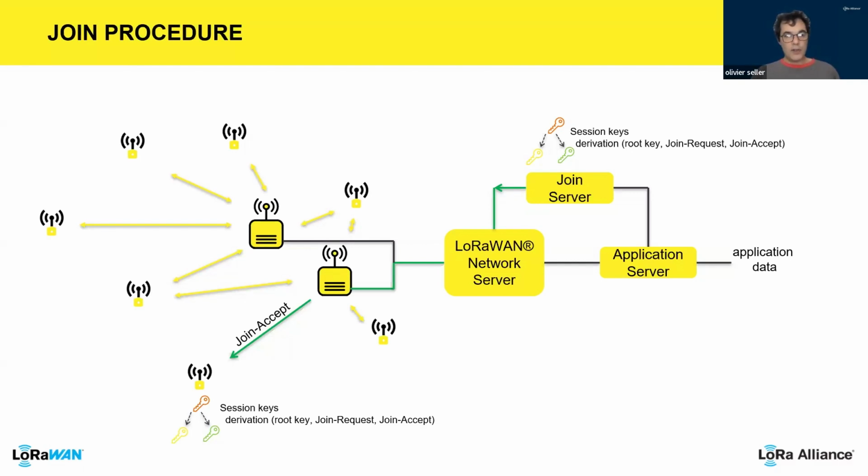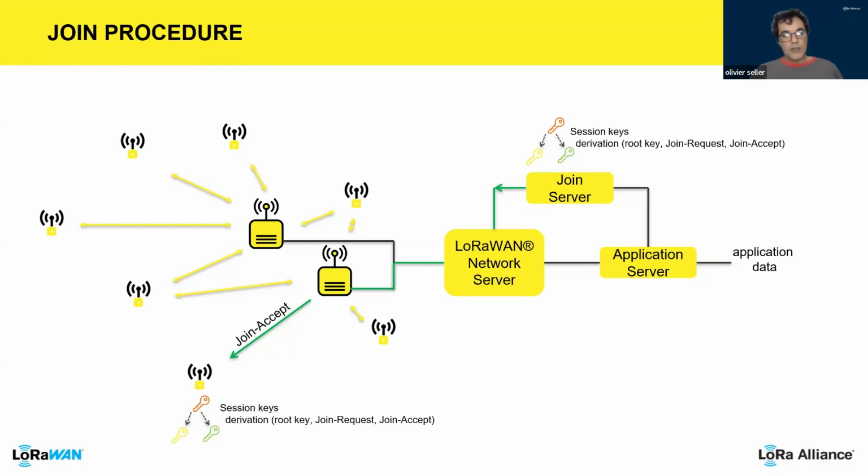With the root key, information contained in the join request and information contained in the join accept, two session keys, one network session key, which is here in yellow, and one application session key, are derived. Key derivation is a one-way process. If you know that key, you cannot go back to the root key and you cannot go to the other session keys. So there is complete isolation going up or going on the sides.